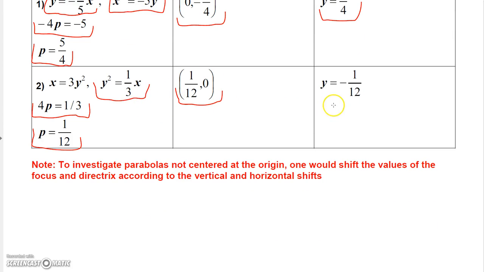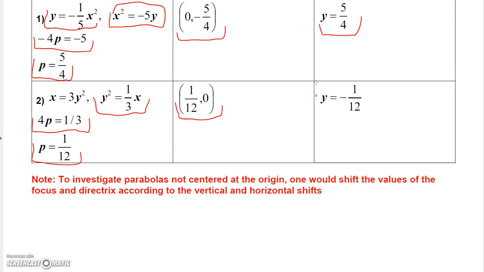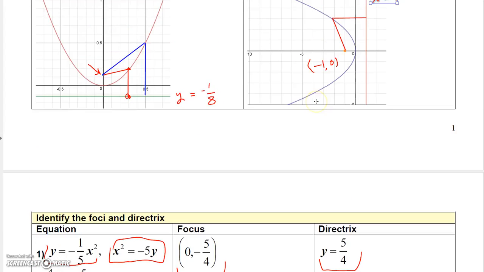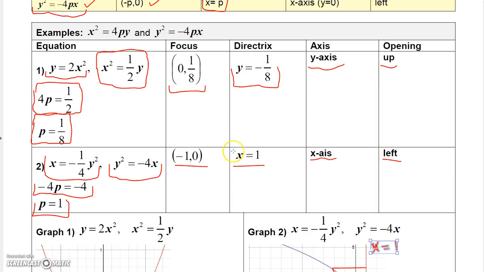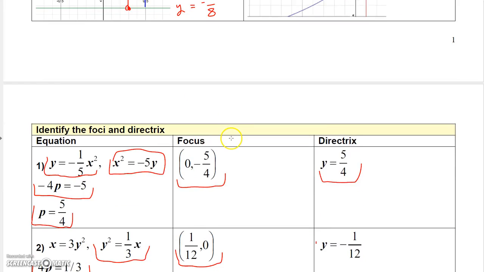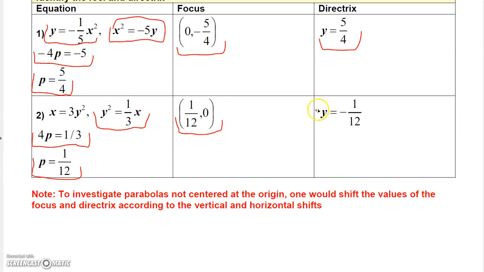And then the directrix is always opposite of whatever this number is. So the directrix would be the line, I believe I should have written x, right? Yeah, it should say x equals, because this is y squared. That should say x equals negative 1/12. And so that's the focus and the directrix for that particular parabola.